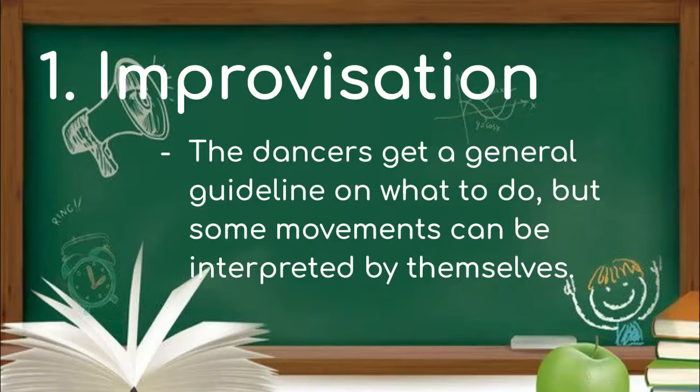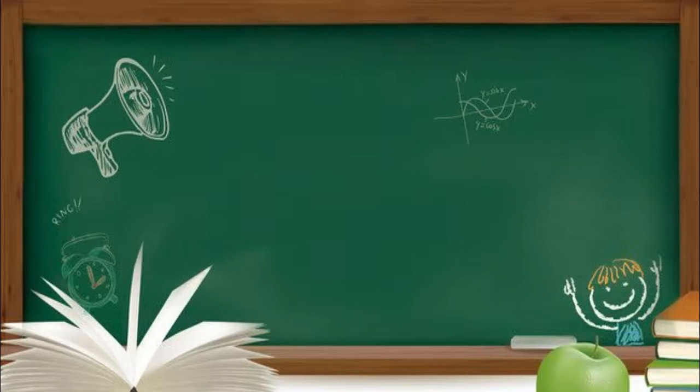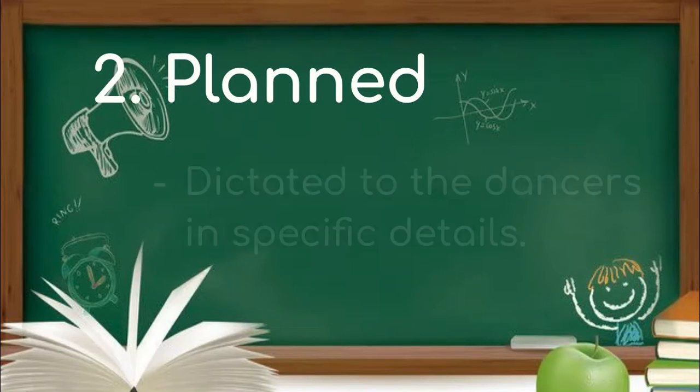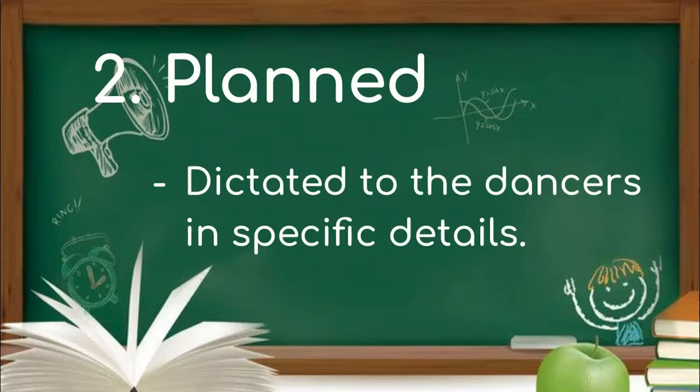That's improvisation. Now, when we say planned, so the word plan, it is well planned when we create movements. Planned choreography is dictated to the dancers in specific details. Example, when we do sideward, open your arms both sides. That one has specific details or instructions.